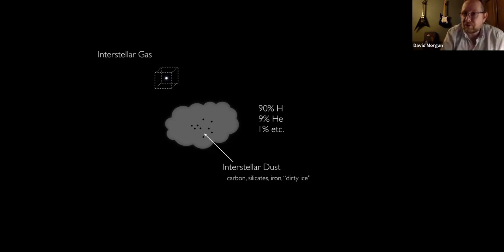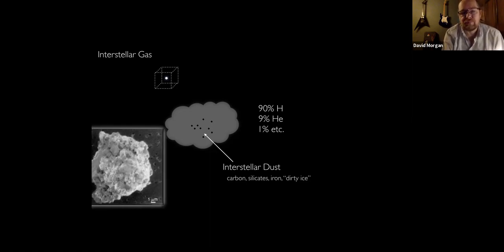So the composition of the interstellar medium is interesting to us because it tells us something about the composition of the material out of which the solar system was formed, just like the composition of comets and the Kuiper belt and the Oort cloud is of interest to us because it tells us something, or could tell us something, about the composition of the material that the solar system formed from.